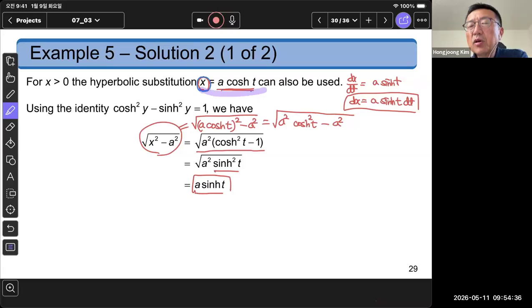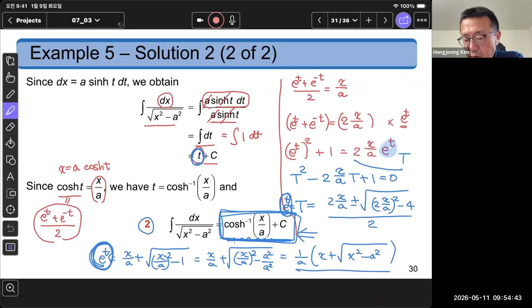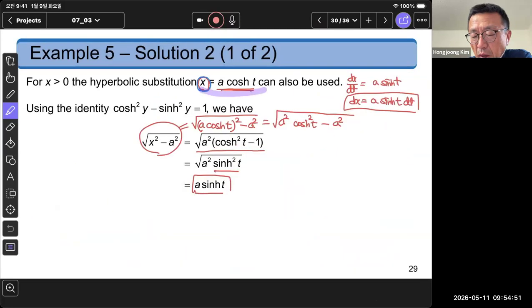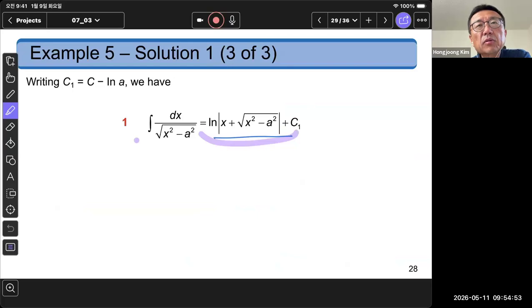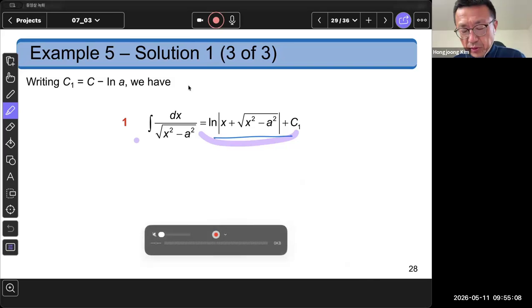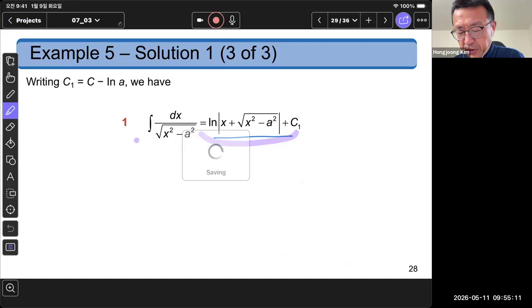You may consider this, but eventually, as I showed, the expression number 2 is equivalent to expression number 1. So solution 1 will be enough for the final exam. Okay. Anyway, that's what I can tell you here, and let me go to the next section.